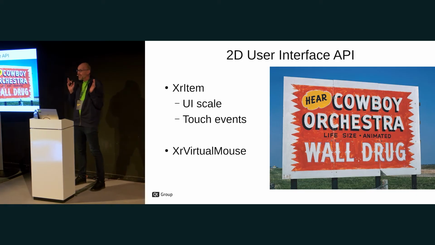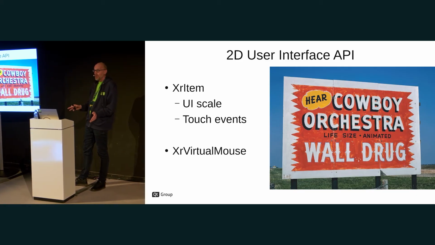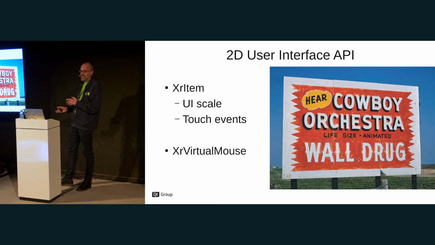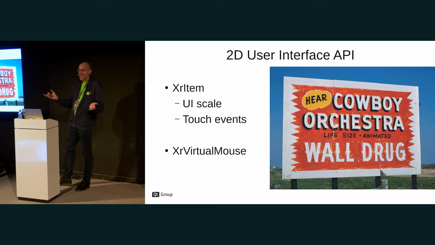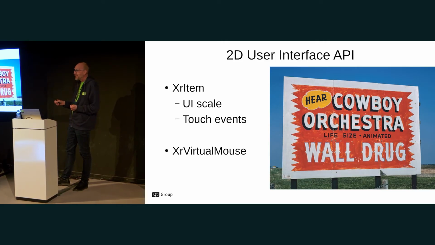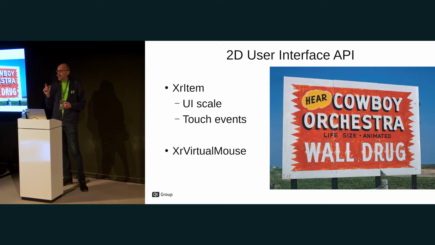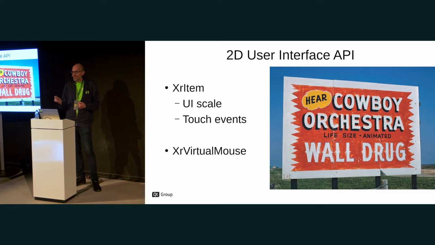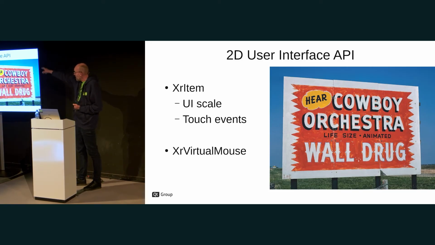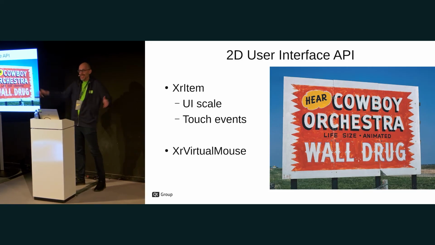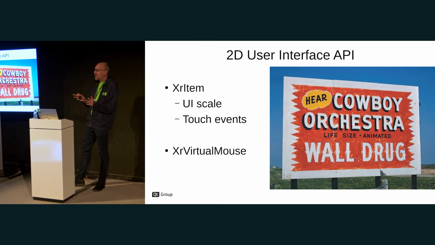Now, Qt 3D allows you to put 2D content directly in there. You don't need any specific XR for that. The only problem is that the default unit size in Qt is 1 unit, 1 centimeter. So unless you're making a billboard, you probably want to scale your user interface.